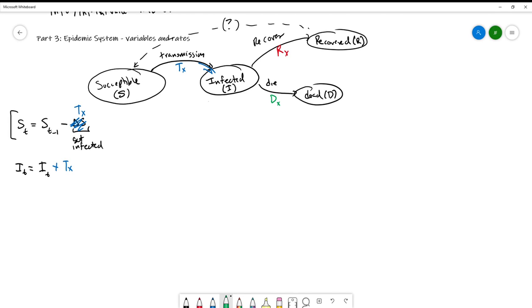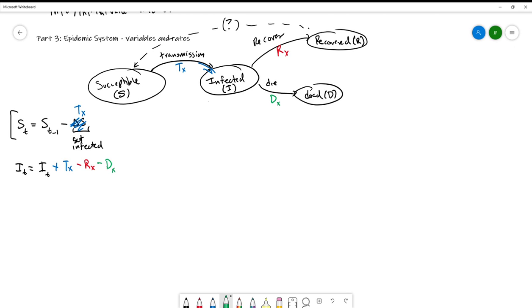And so if I want to cover all of the different things that can happen to the number of people in the infected category, it can increase by those that become infected, it can decrease by a recovery rate, and it can also decrease by those that don't recover.